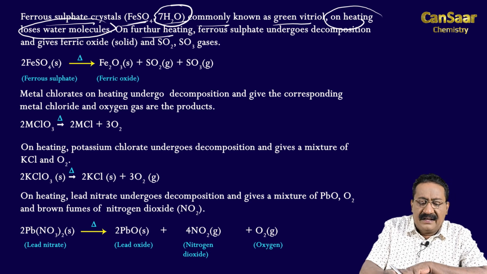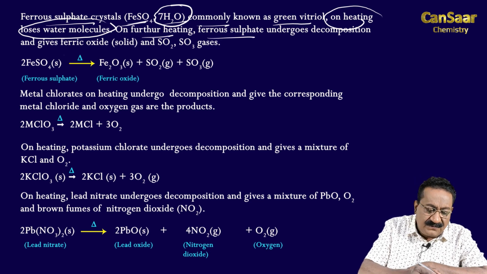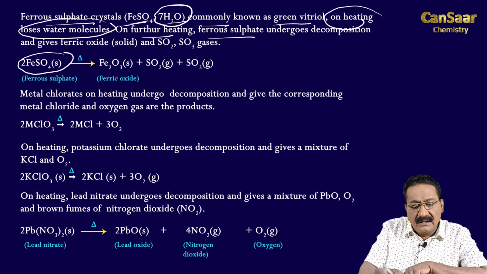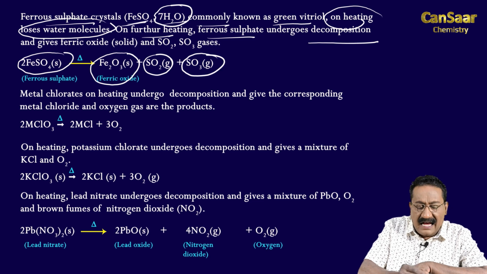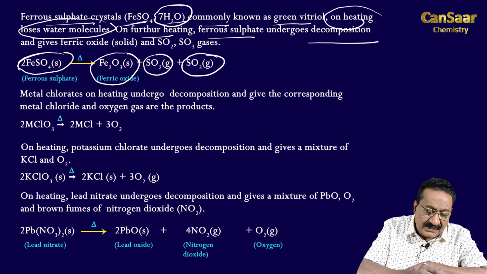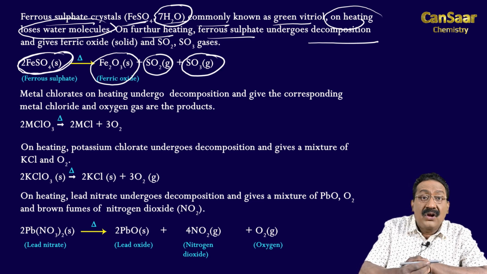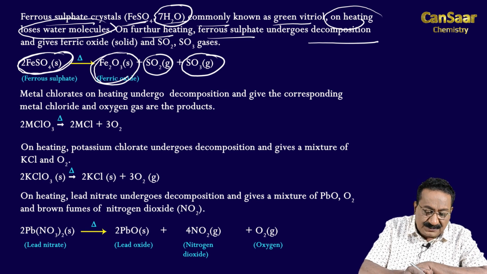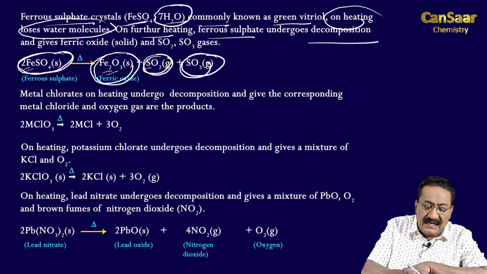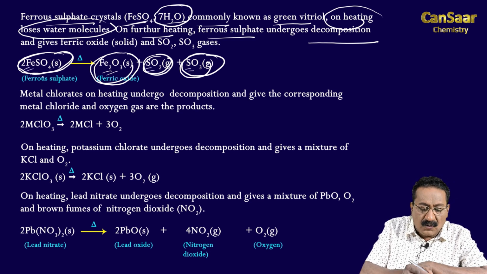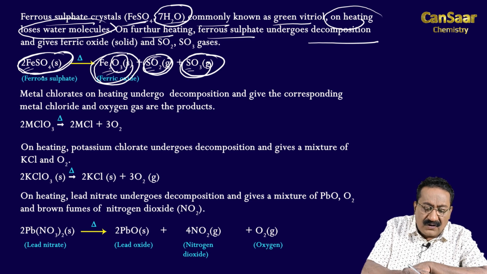On further heating, this ferrous sulfate undergoes decomposition and gives ferric oxide, sulfur dioxide gas, and sulfur trioxide gas. So, one reactant undergoing decomposition into 3 products. Here 2Fe, 2S, 8 O's on the left; on the right, 3 O's plus 2 O's plus 3 O's, totaling 8.